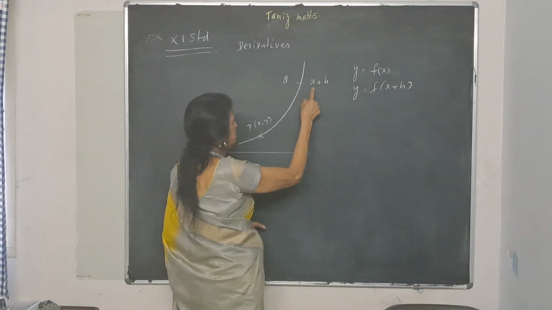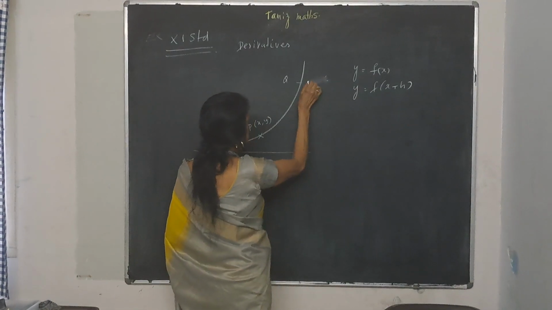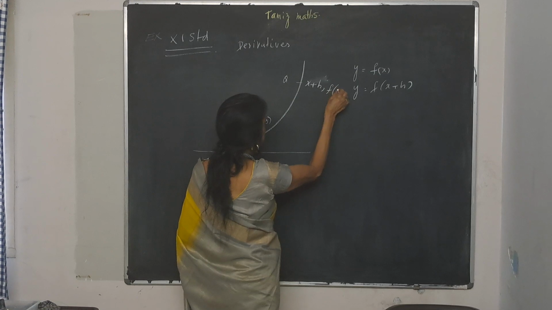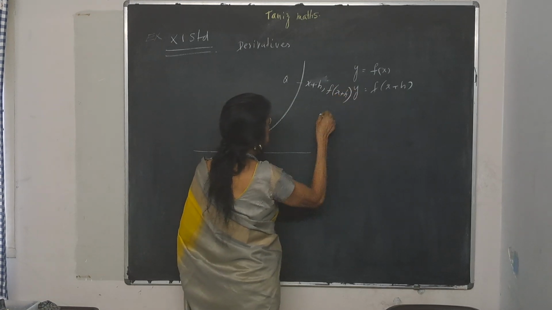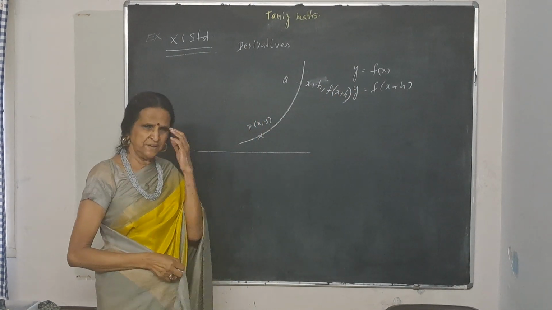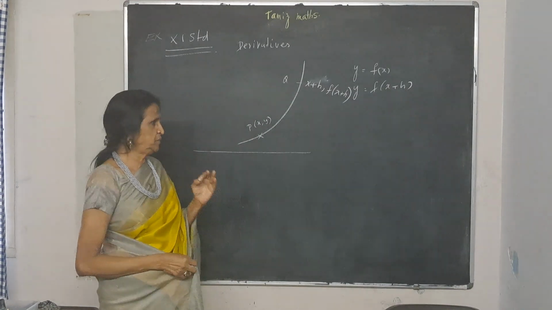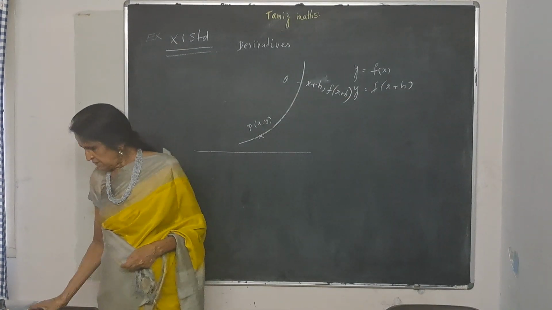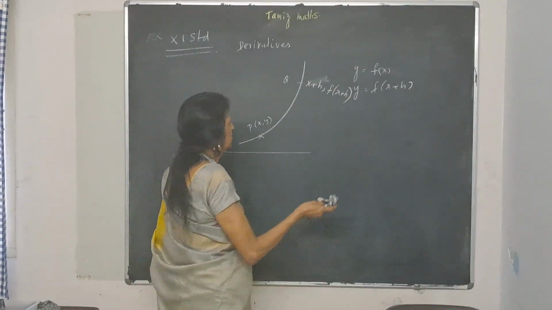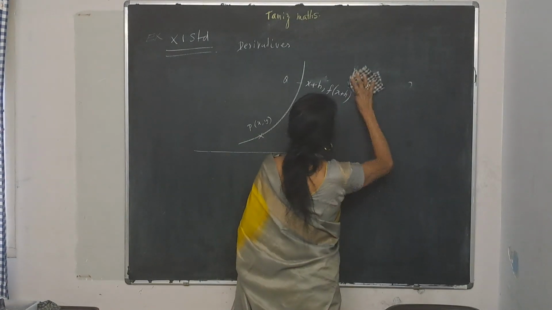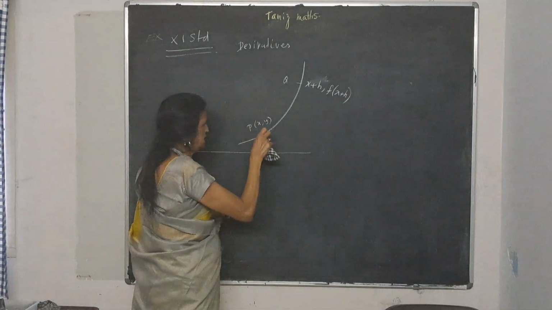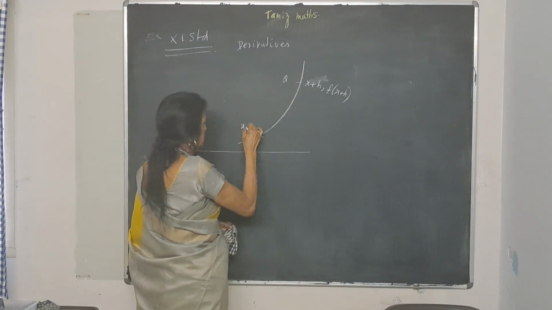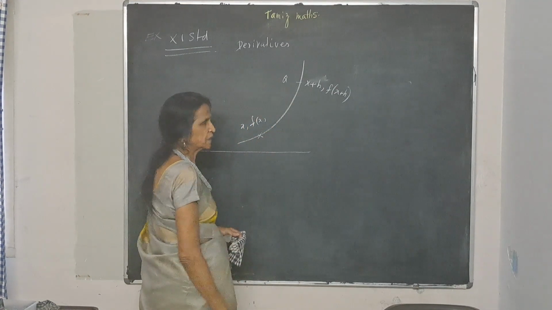So this point will be x plus h, that is the x coordinate, and the y coordinate is f of x plus h. In a similar way here, the coordinates will be x and f of x.